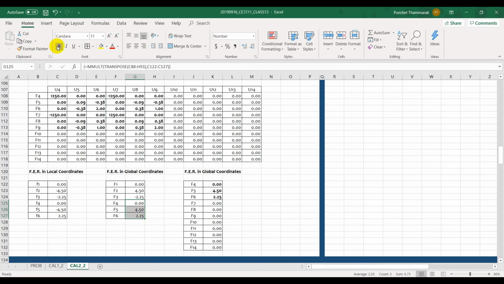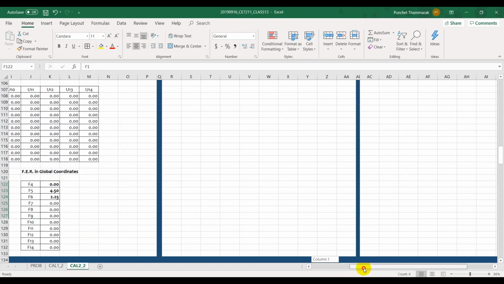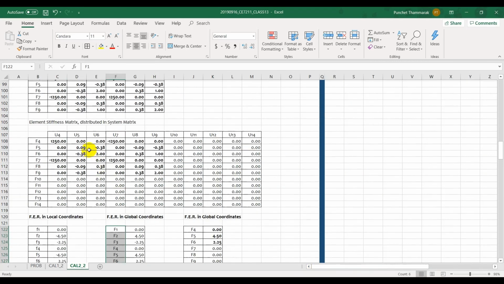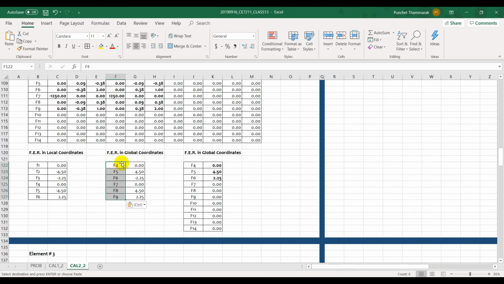So everything we have in the local force vector is transformed into the global fixed end force reaction vector, and we have the corresponding degree of freedom like this.